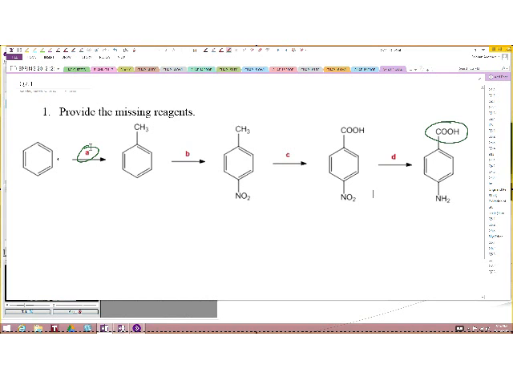What do we do going from benzene to toluene? What reagent do we need here? Alkylation, the Friedel-Crafts alkylation.